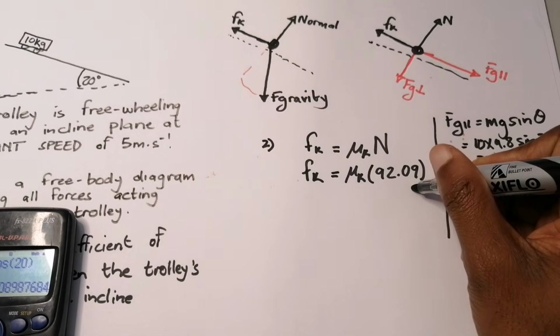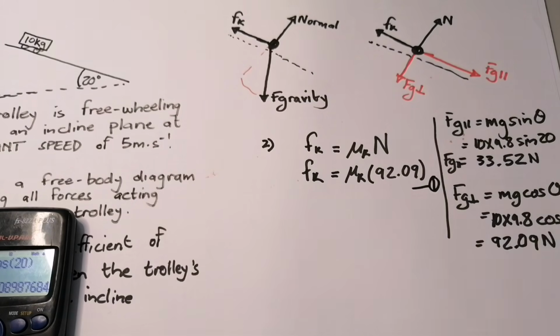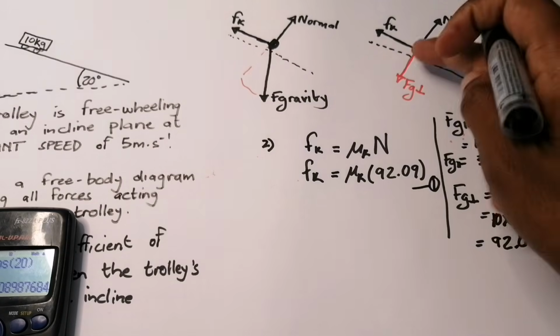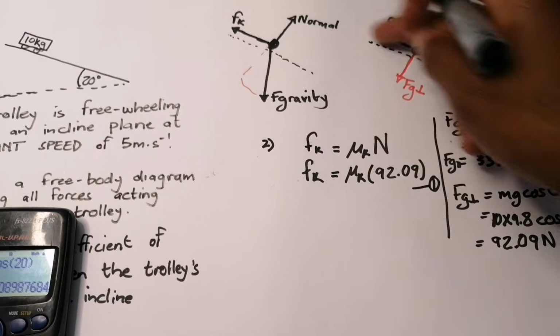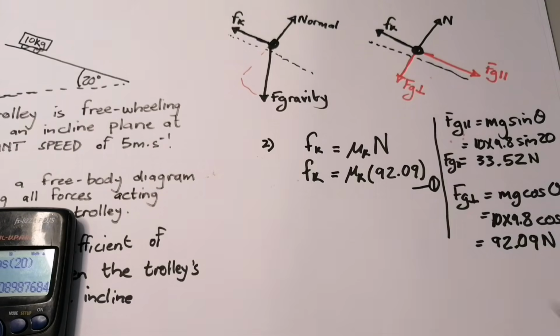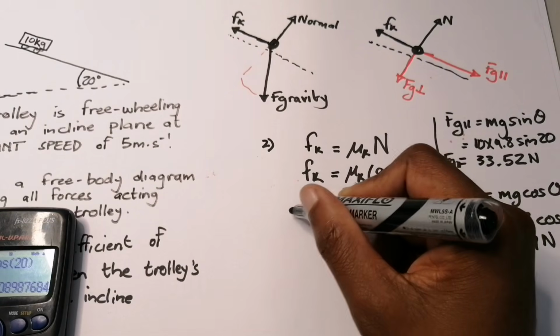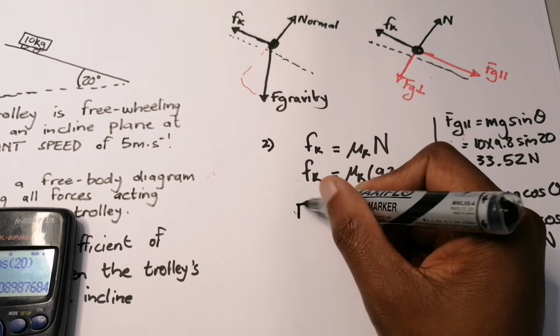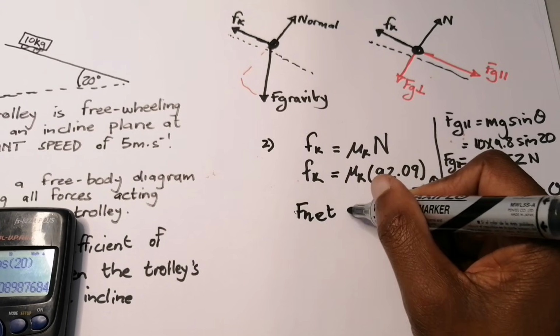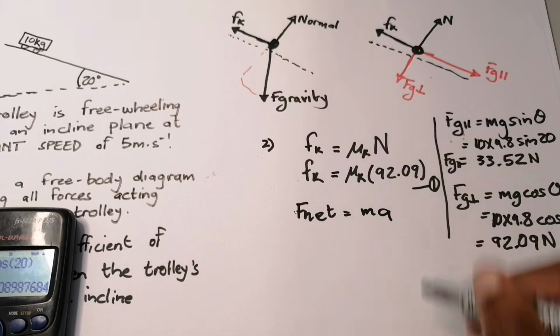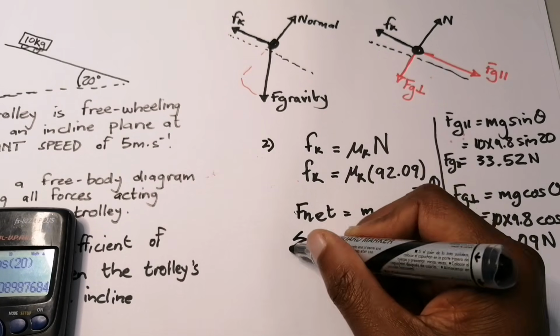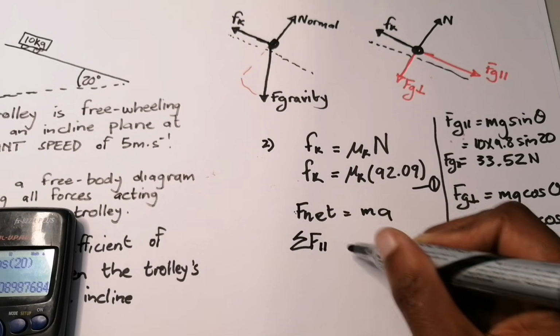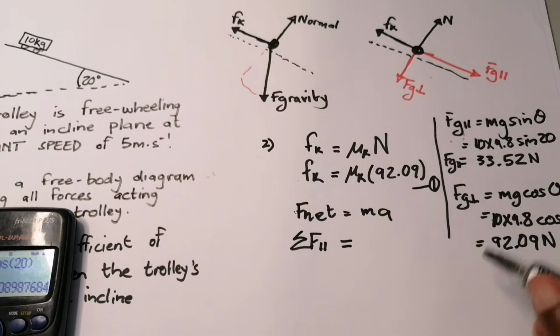So let me leave this as my equation 1. So how am I going to get the frictional force? Remember that friction is acting in the parallel dimension. So now let's take the sum of forces. F net is equal to ma, right? So let me take the sum of forces in the parallel dimension, and what is it equal to?